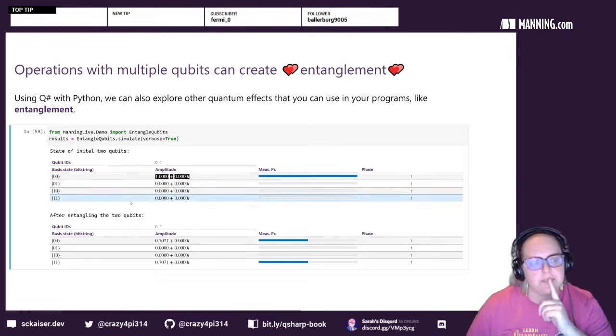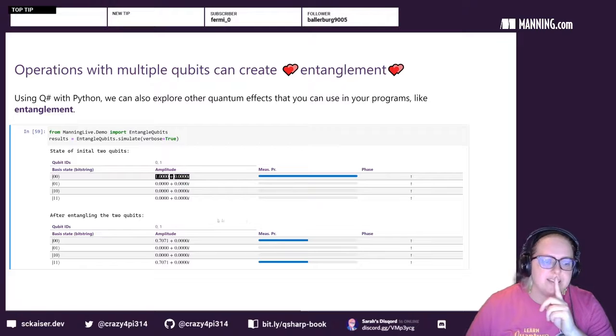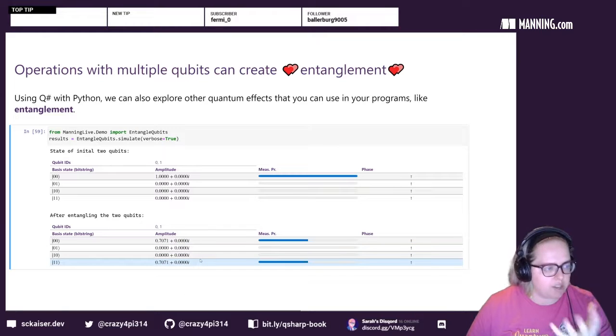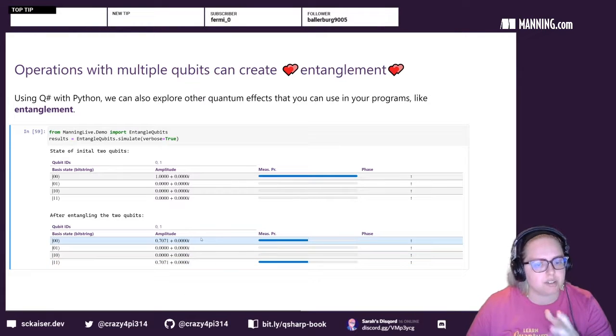After we do entanglement, though, what you can see is that our measurement probability is split between both 0, 0 and 1, 1. And again, like we saw with the H operation, it's a superposition, but what's interesting is there's no chance we measure a 0, 1 or a 1, 0.